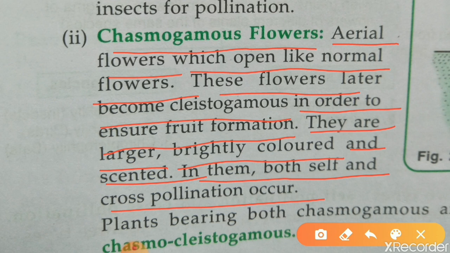Okay. So first homogamy, cleistogamy and chasmogamy, all these three methods occur where? In autogamy. What is autogamy? It is a type of self-pollination. This autogamy takes place by the three methods. What are they? Homogamy, cleistogamy and chasmogamy.